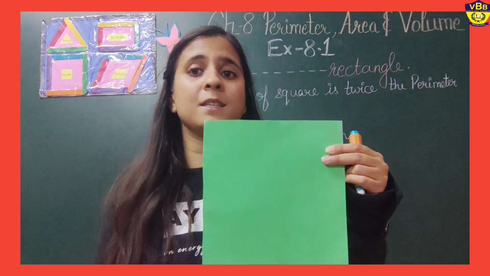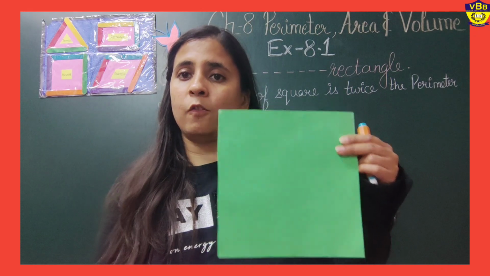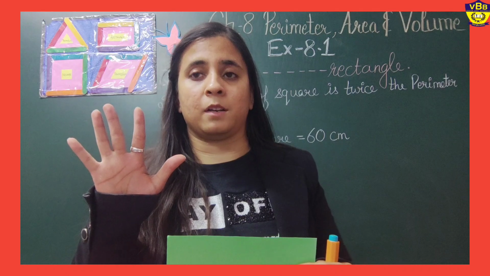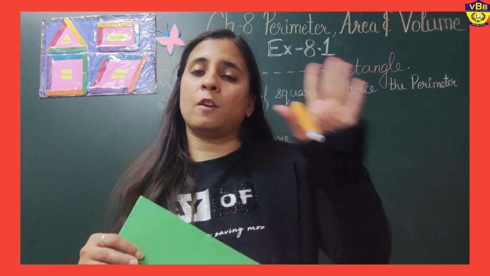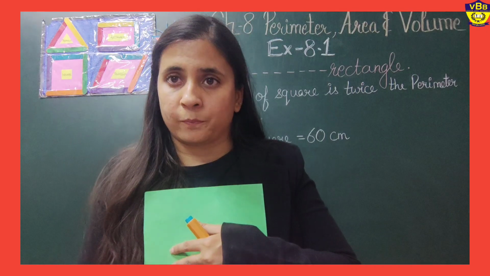Double, twice means double. Okay. If I say perimeter of rectangle is 5 centimeter, so perimeter of square will become 10 centimeter, 5 into 2.